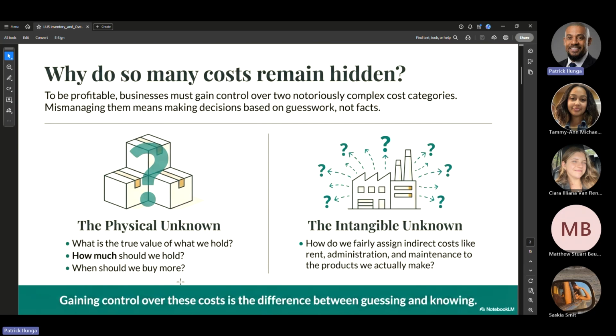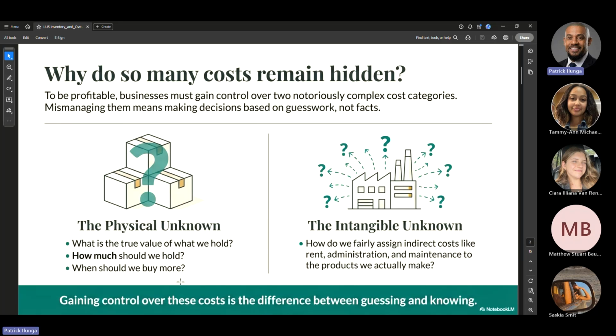I'm sure that it's in your brain right now, right? So what would be that hidden cost that I might be alluding to? Come on, guys. Of course. All right. Thank you so much, Ciara.